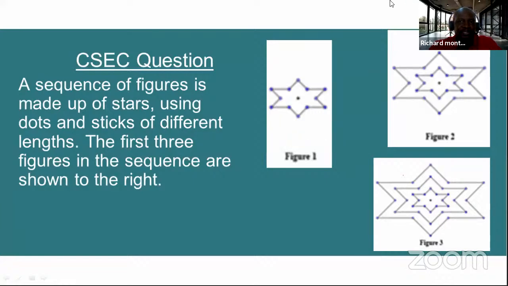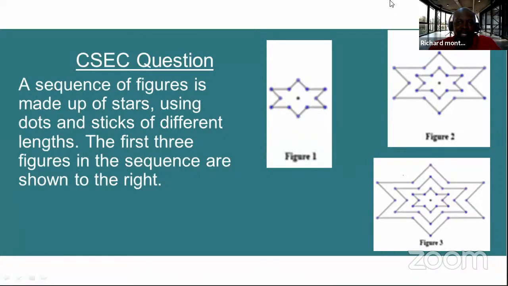So when you're putting your answers in the chat, I want all 3 answers. So FIG1, then you put how many dots, comma, then how many sticks. You put your space bar. FIG2, then you put how many dots, then how many sticks. Then FIG3, how many dots, how many sticks.